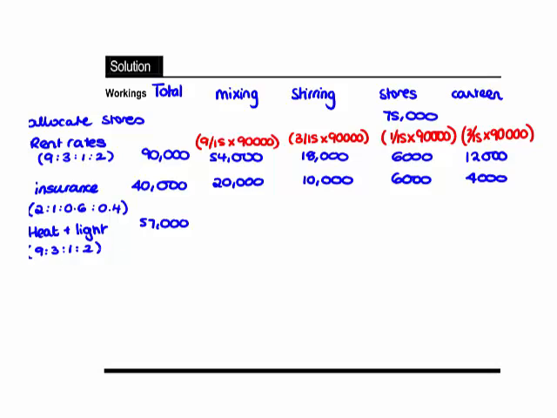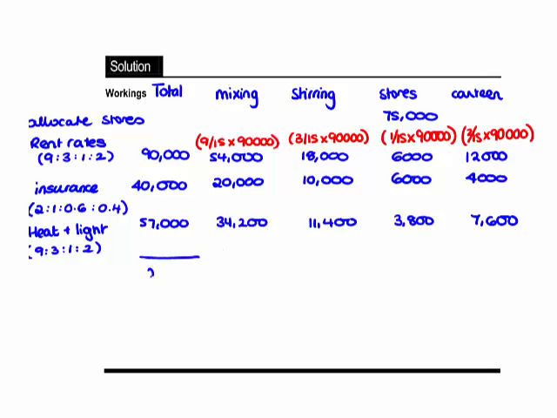If you wanted to, for speed in the exam, you could have combined the 90,000 and the 57,000 to only do one apportionment, and those kind of shortcuts will come with practice when you're more familiar with the material. So the 57,000 then will be split with 34,200 going to the mixing department, 11,400 to stirring, 3,800 to the stores, and 7,600 to the canteen.